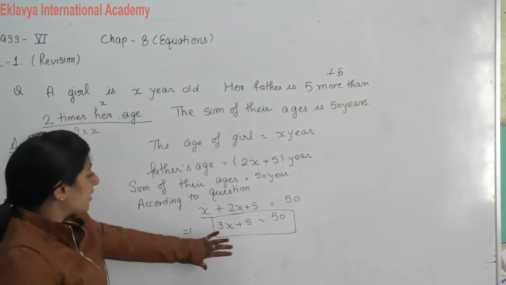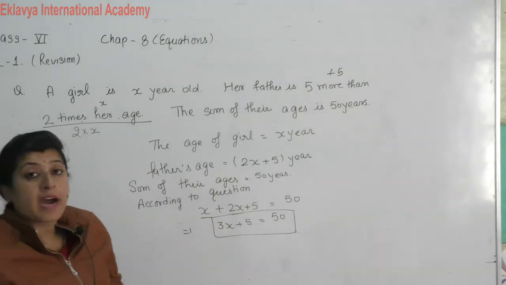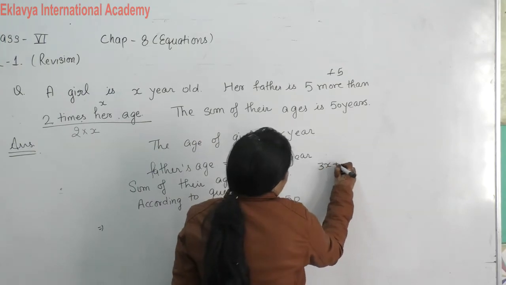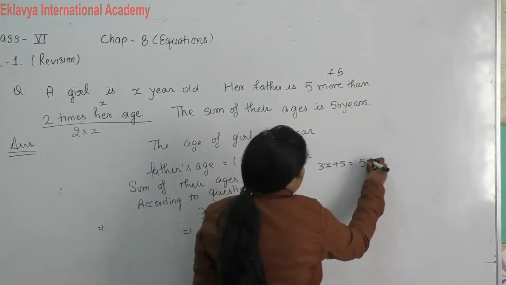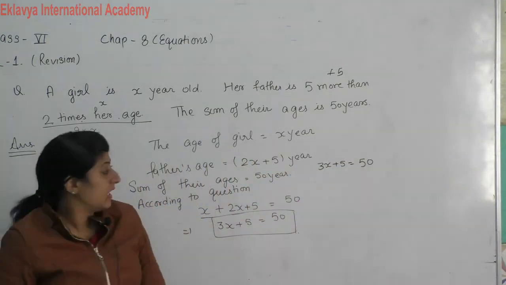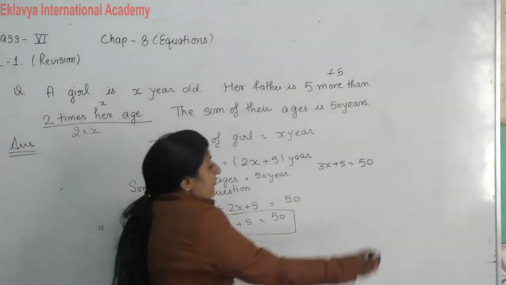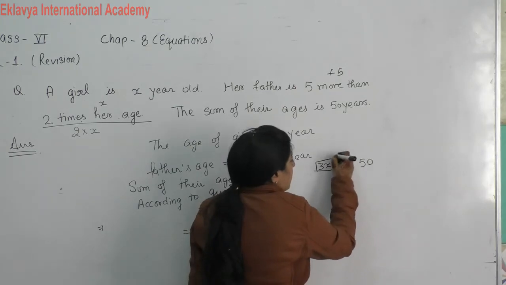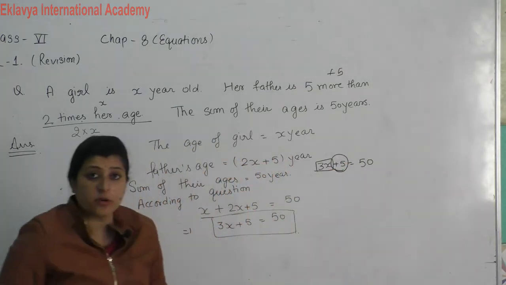Suppose we want to find out the value of x by inverse operation. In this equation, I want to solve by inverse operation. Then how will I solve? Firstly, see with the variable 3x, here is the addition operation.